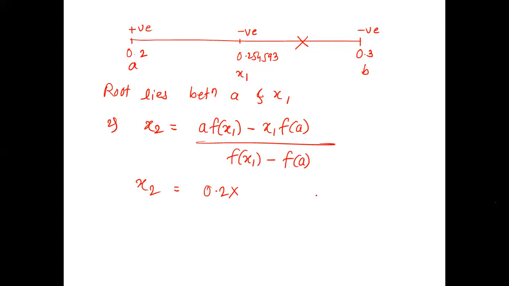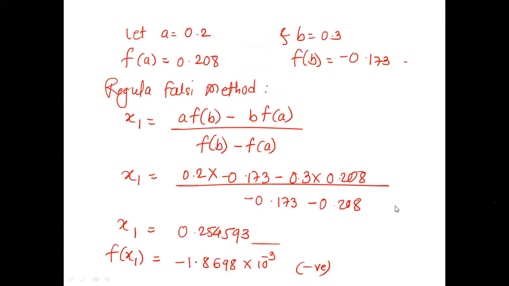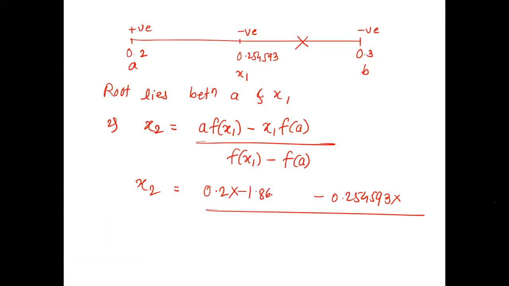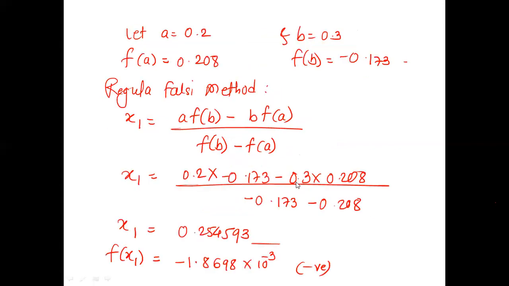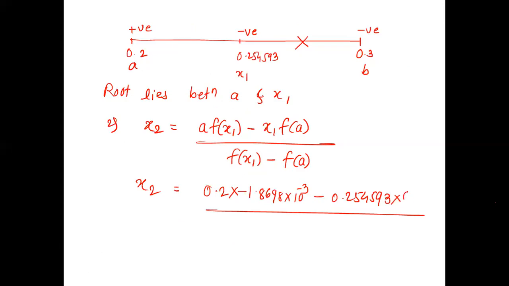0.2 into f of x1, which was minus 1.8698, minus x1, 0.254593, into f of A, which was 0.208, upon minus 1.8698 minus 0.208. You solve this.